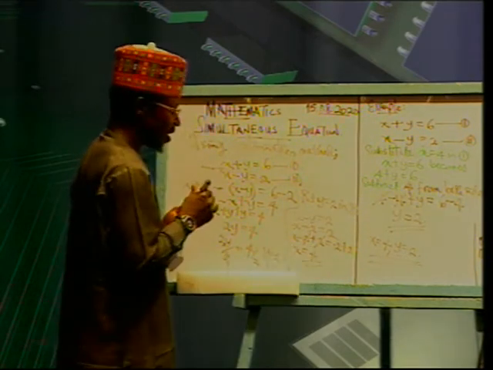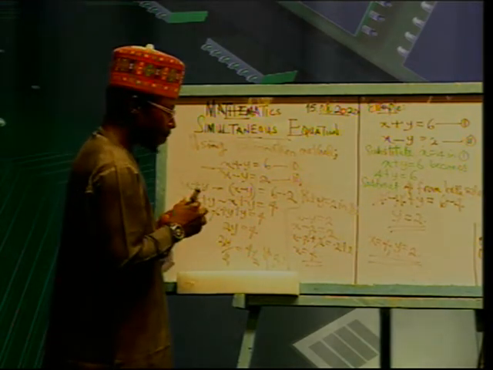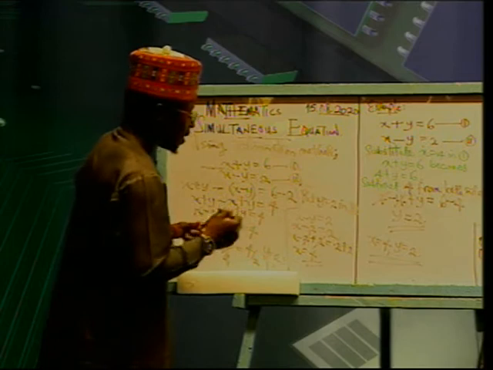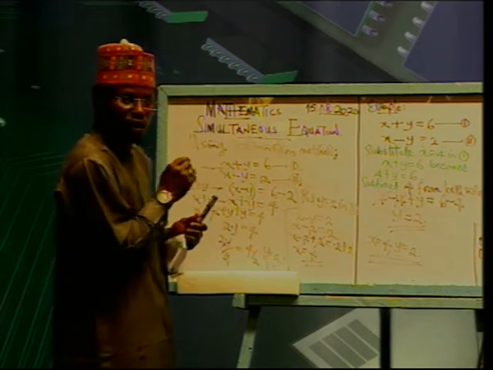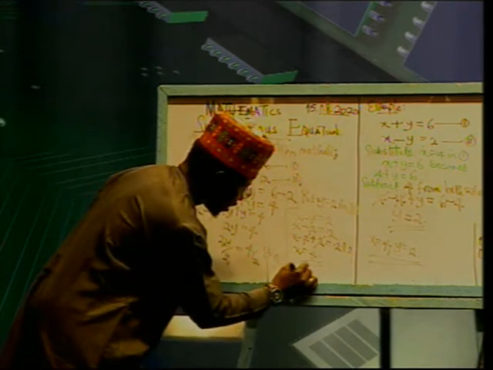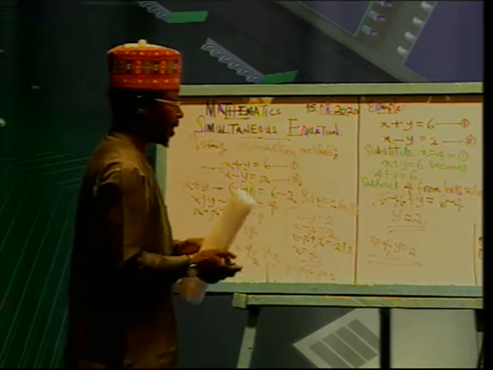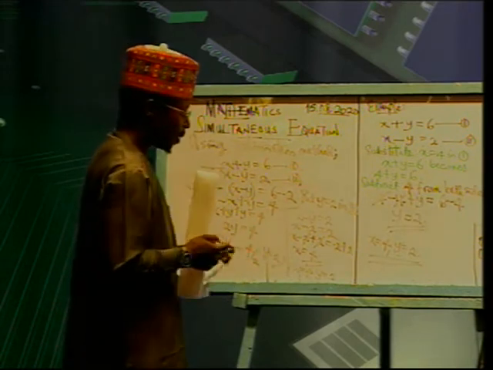So you can see, as I mentioned the last time we had our class, I said whichever of the methods you use, you get the same answer. From here, x equals 4, y equals 2 by using elimination method.